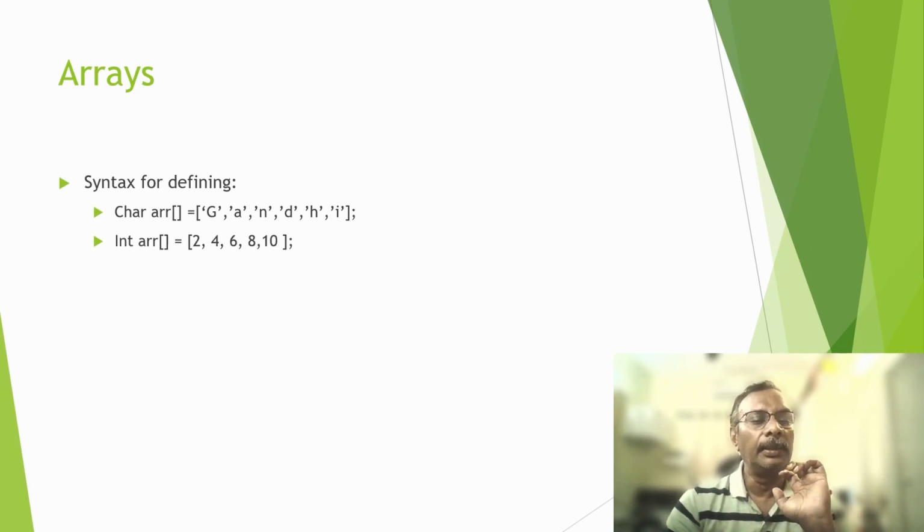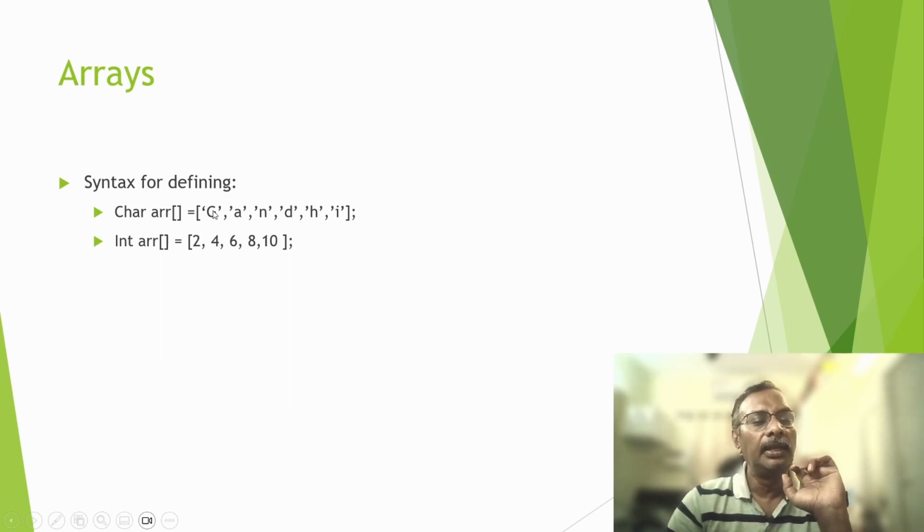Say, for example, a character array can be defined like char arr open close square brackets equal to, followed by each character constant that we are going to allocate, like this. Each character will be a separate constant. We are enclosing them in single quotes, right?